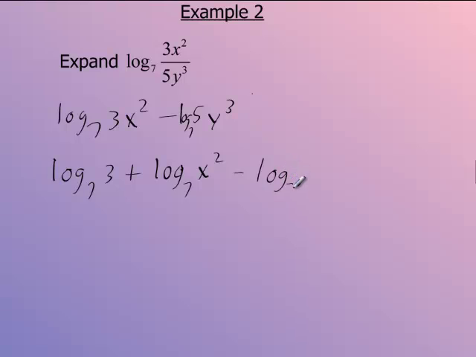So log base 7 of 5, and since everything in the denominator we're dividing by, we're going to include a subtraction sign. So that includes the y cubed. So log base 7 of y cubed. So if it's a minus sign, it's in the denominator, and vice versa.